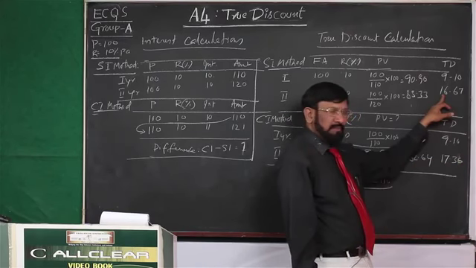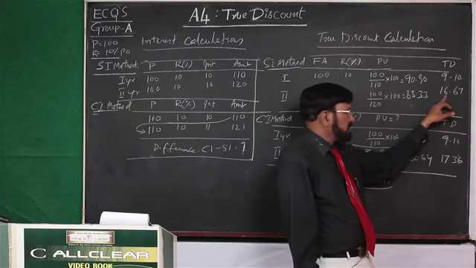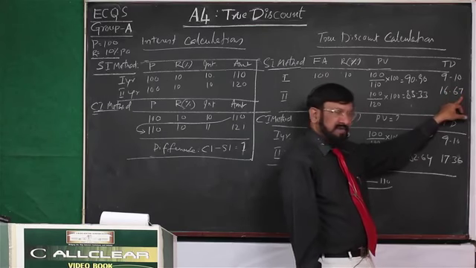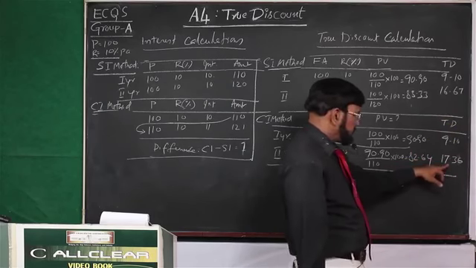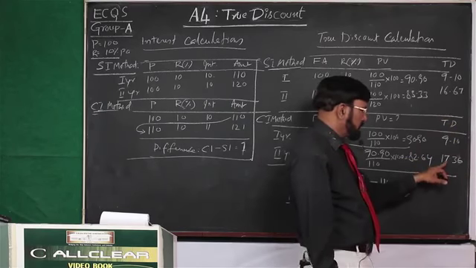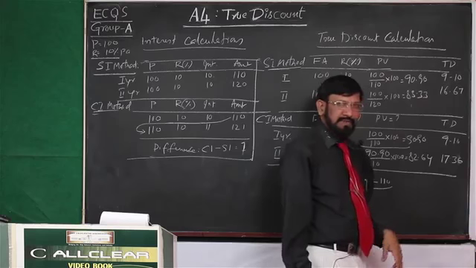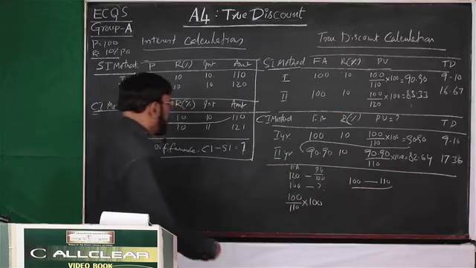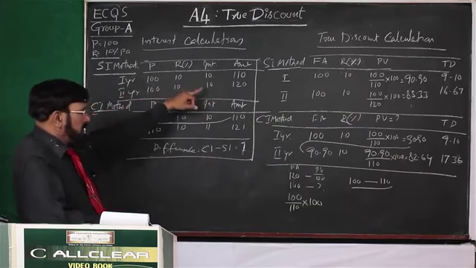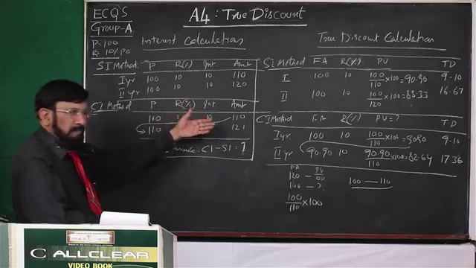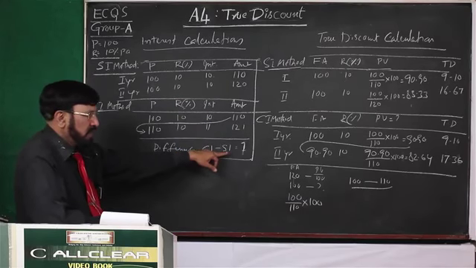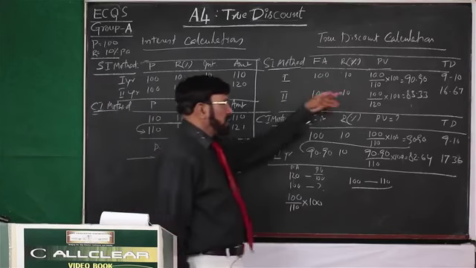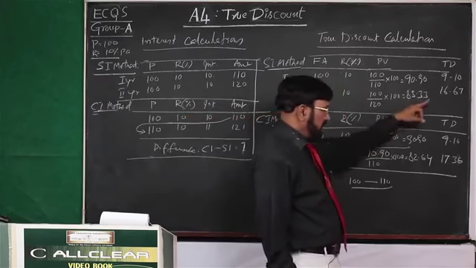Now, according to simple interest method of calculation, true discount is 16 rupees 67 paise, and according to compound interest calculation method, true discount is 17 rupees 36 paise. One thing you understand, here in case of interest, by way of compound interest, you are getting 1 rupee extra, and in true discount, you are getting less.